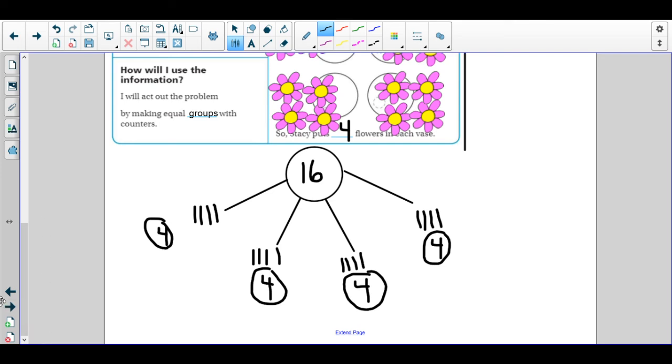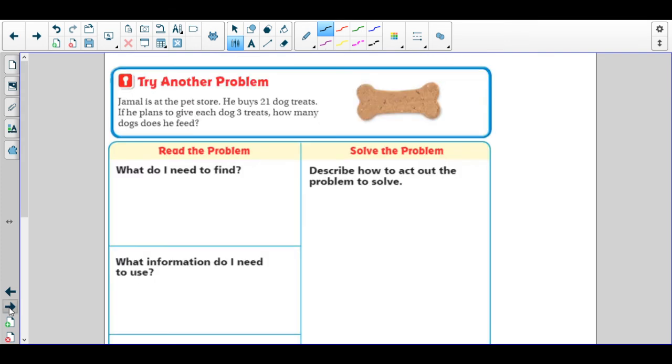Let's move on and see if we can't get this one done. Jamal is at a pet store. He buys 21 dog treats. If he plans to give each dog 3 treats, how many dogs does he feed? So what do I need to find out?